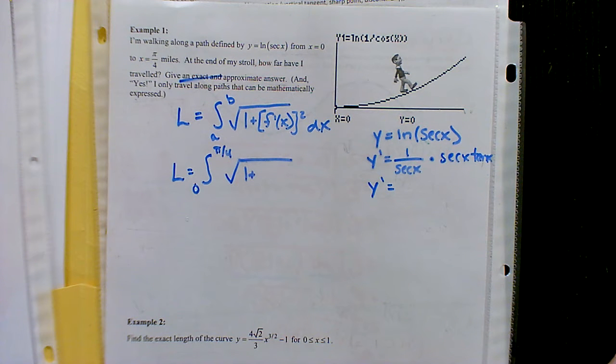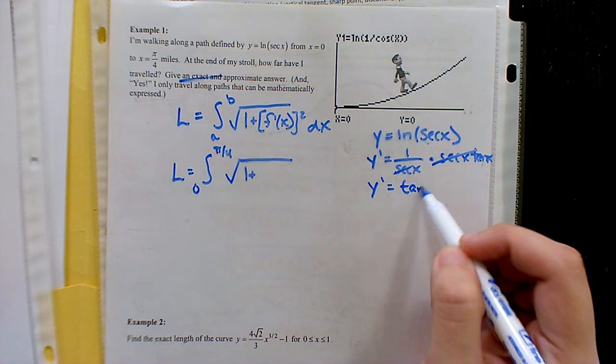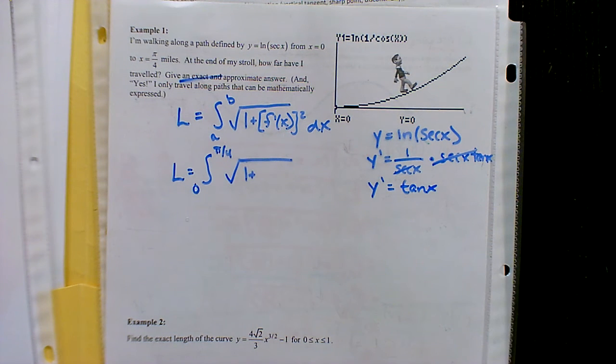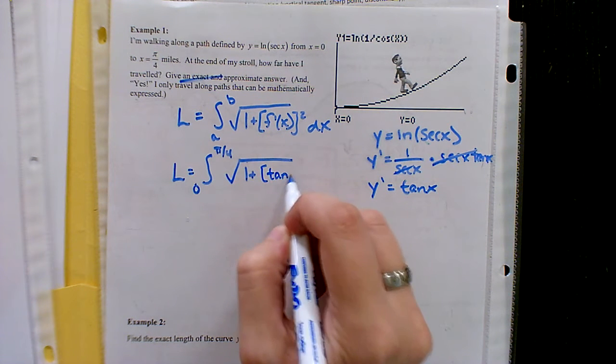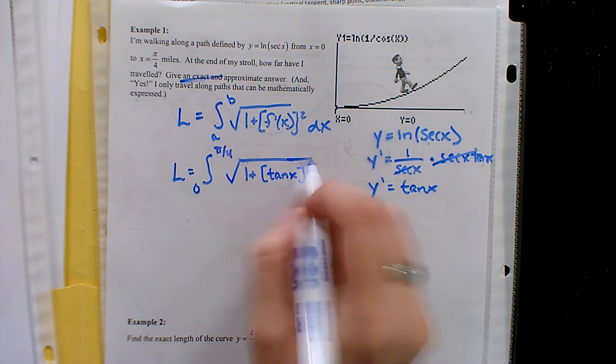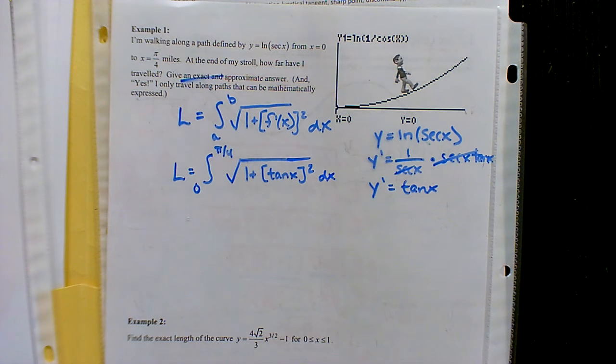So we have 1 over secant times tangent. Hopefully we realize the secants are going to cancel, and we're just left with tangent. Okay, so we need tangent squared, the derivative of the curve squared.